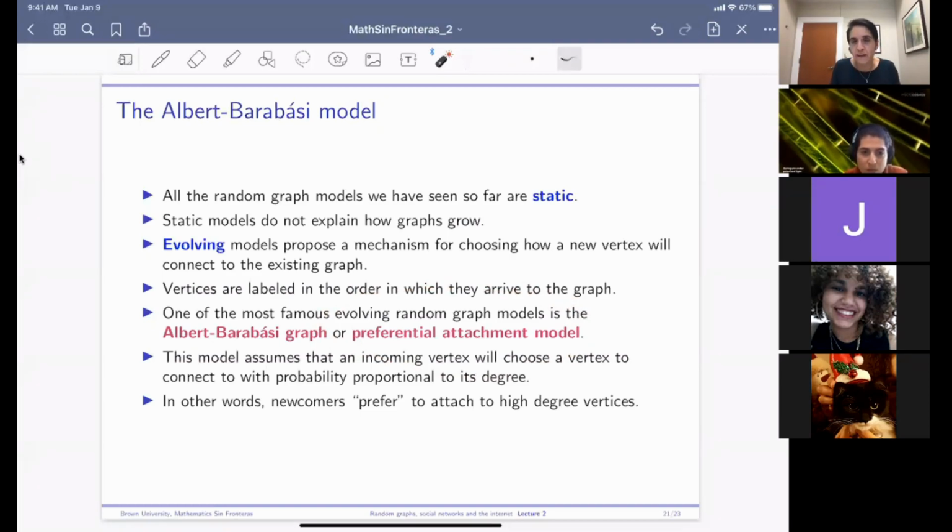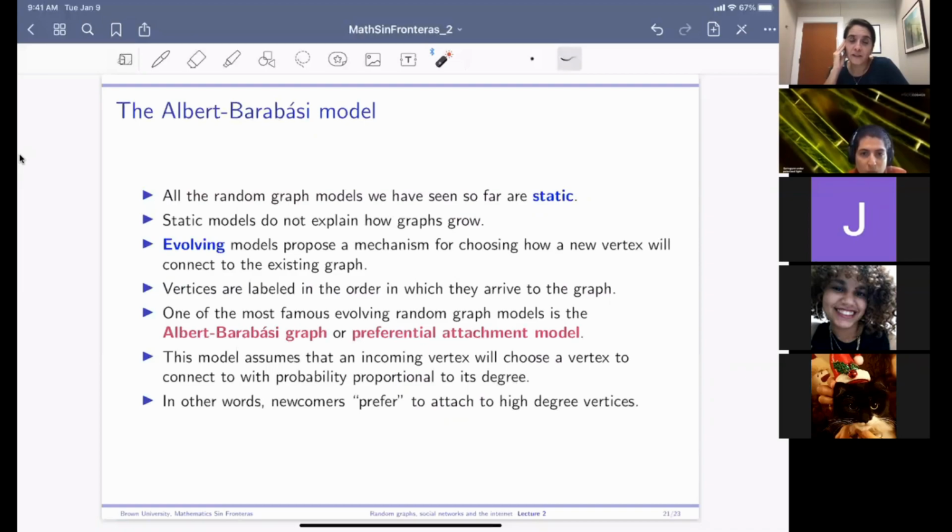This model is famous because back when the internet was starting, one of the questions they were trying to address with their famous paper in Science magazine was, is the internet robust? Where do the power laws come from, and is it robust? Is it going to fall apart if you take a few high degree vertices out?